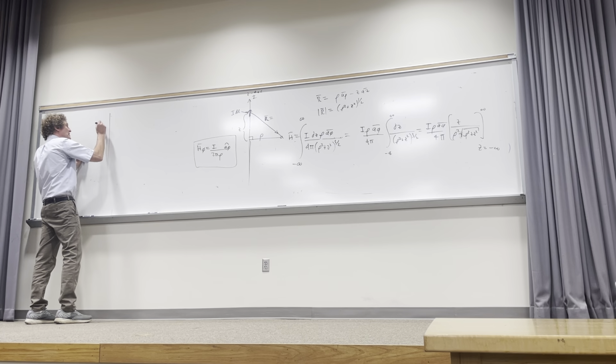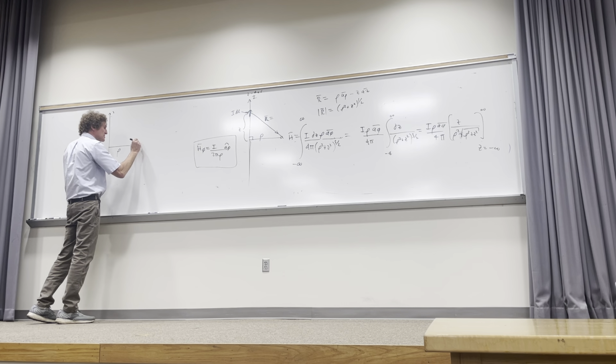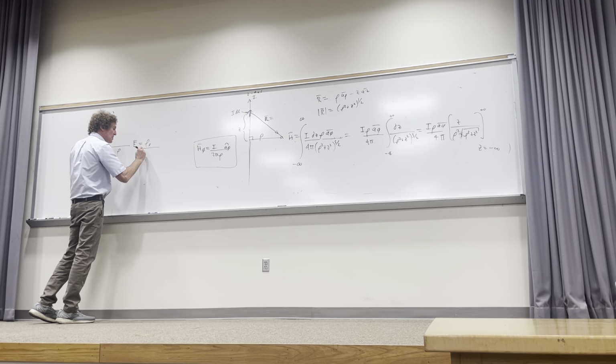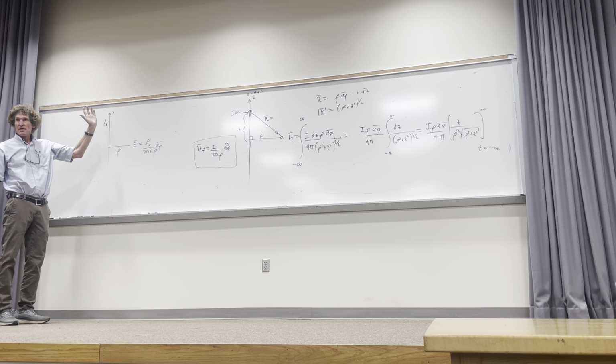If you had an infinite line charge on the z-axis, and you're out a distance rho, do you remember the E field was simply equal to rho L over 2 pi epsilon naught rho, or really epsilon, a rho? Do you remember that? How many do?